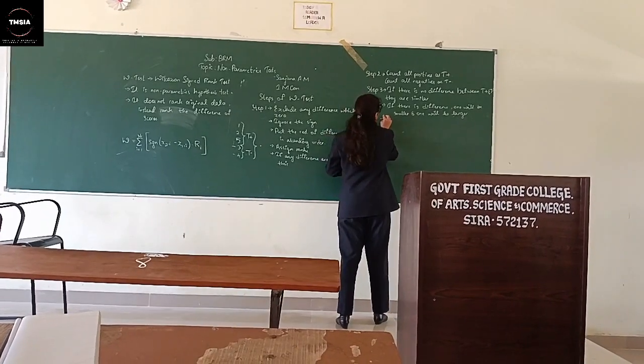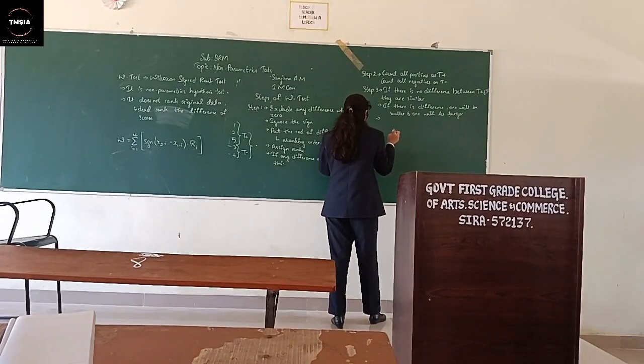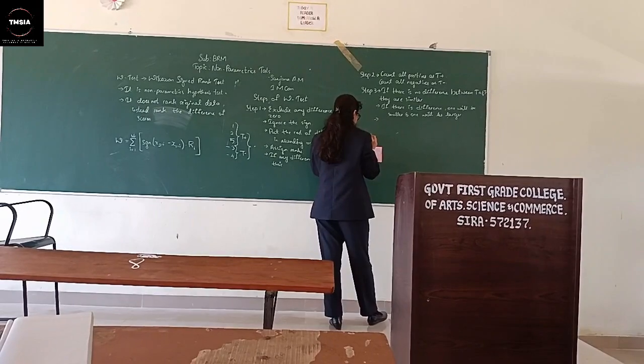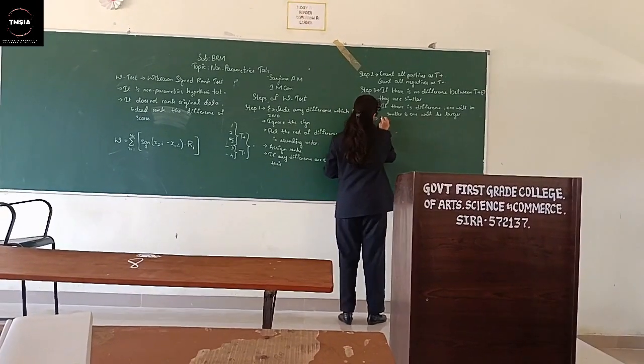Then after this, they denote the T as the larger number.